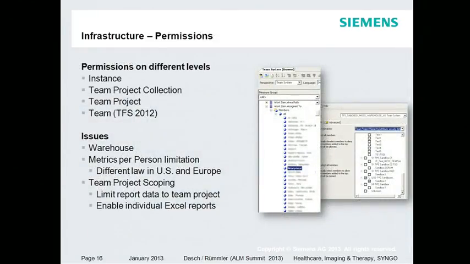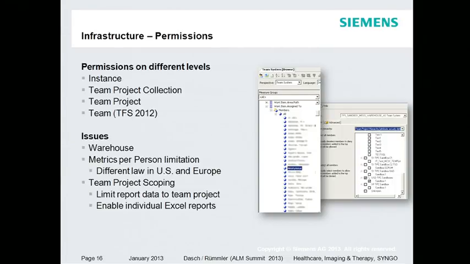The roles and groups lead us also to permissions. There are several things to take into account with permissions. One thing I want you to take away is that you try to keep user management out of Team Foundation Server.